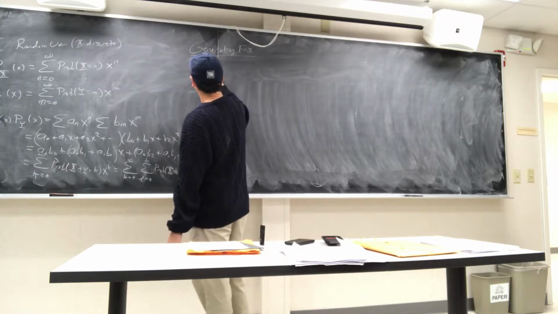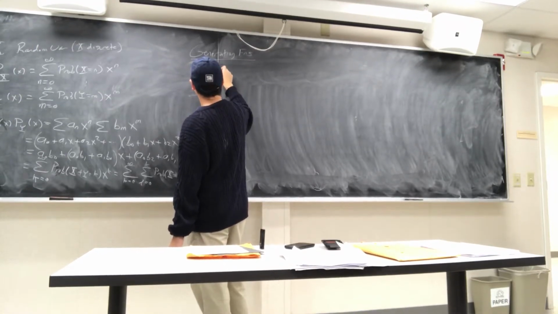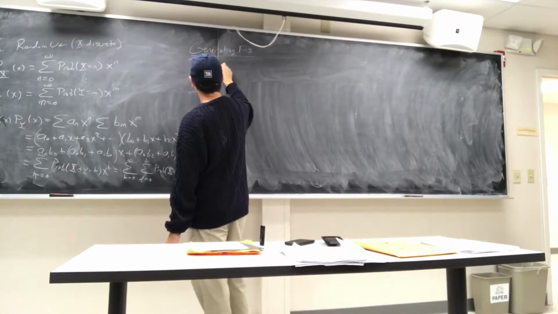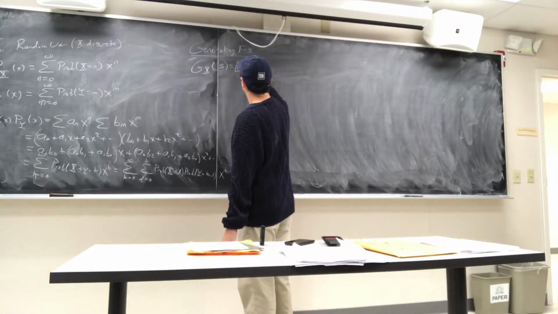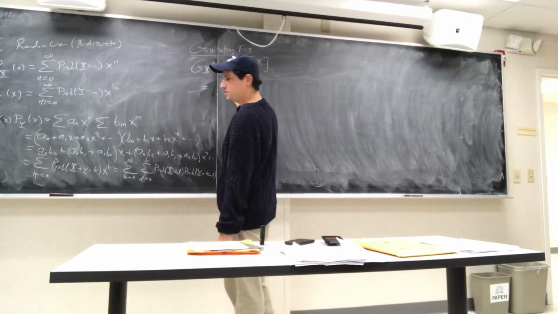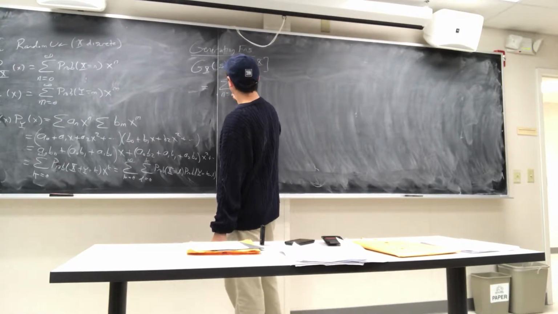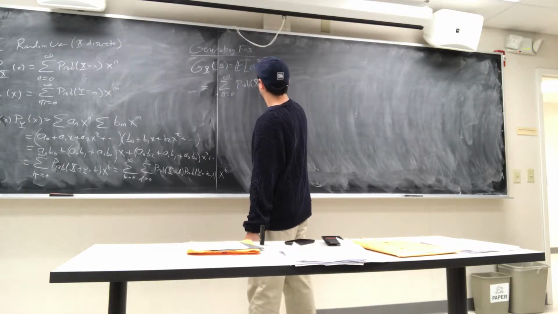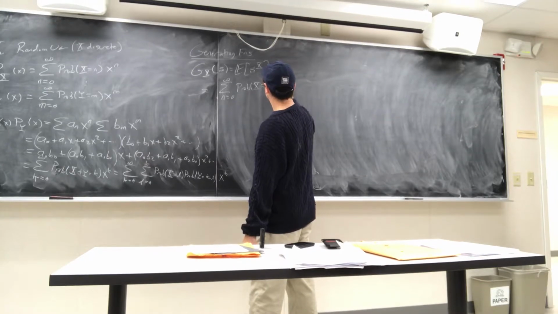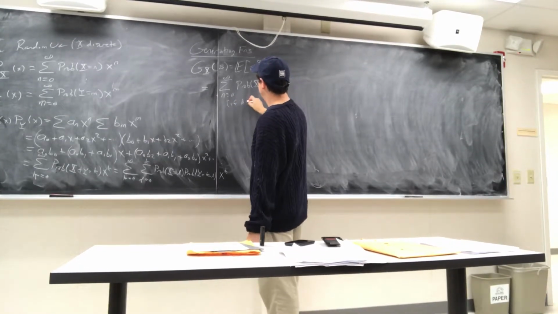And the first one will be G_X(s) is equal to the expected value of s to the X. If it's discrete, that's going to be the sum, n goes from 0 to infinity, the probability X equals n times s to the n, if discrete on the non-negatives.